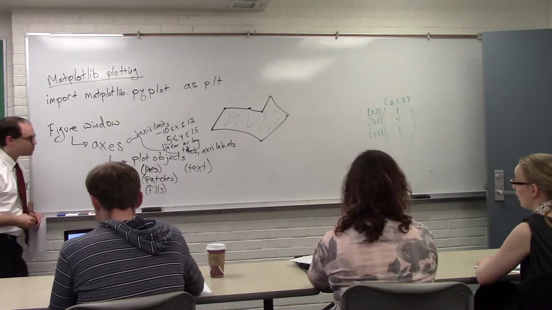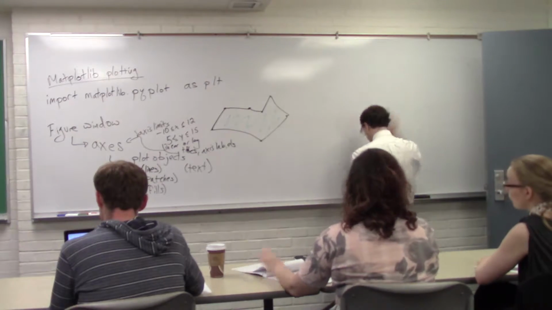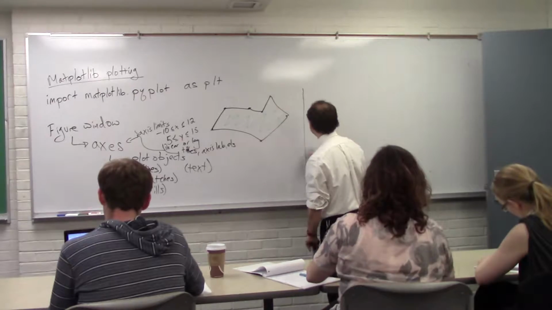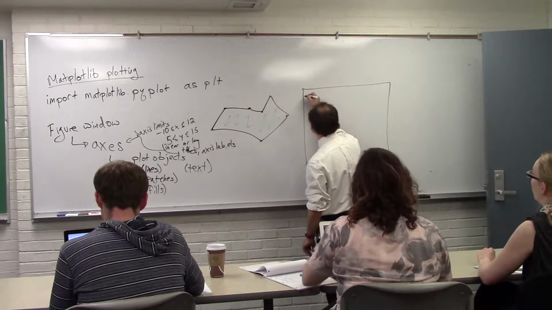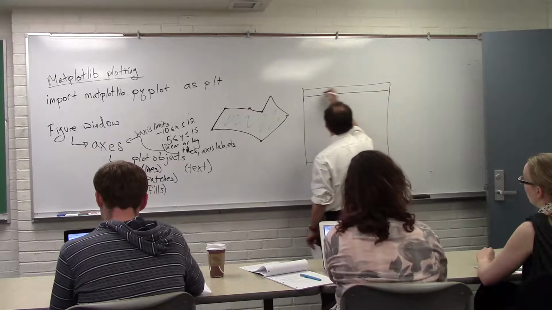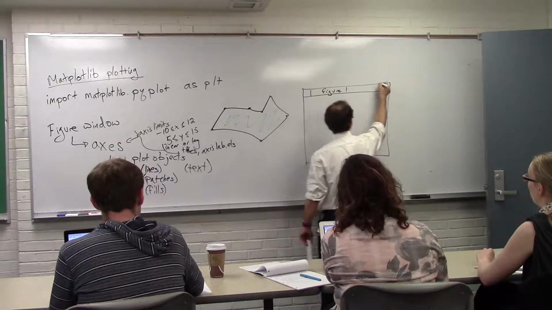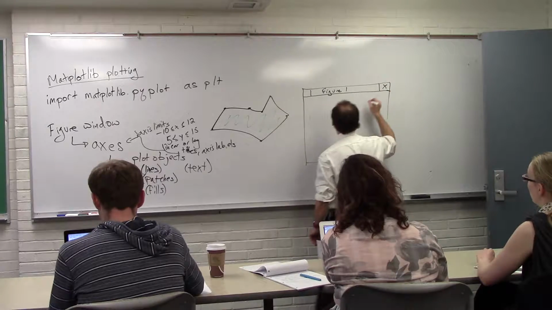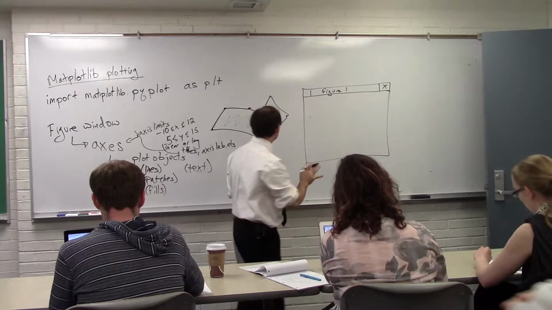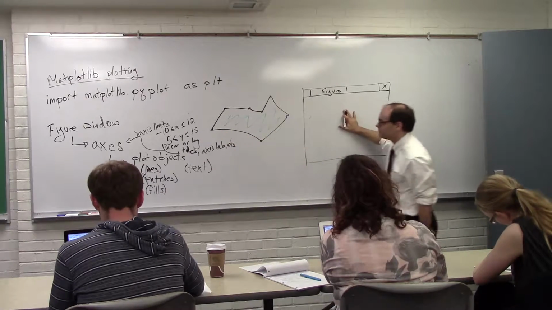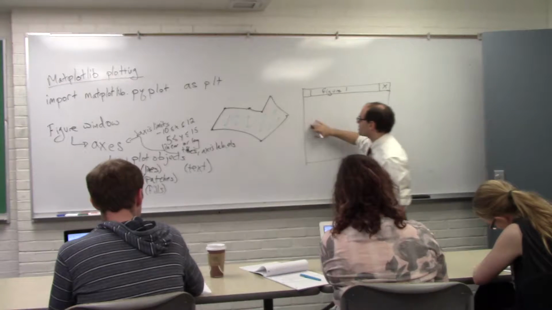Okay. So what you'll generally see when you're drawing stuff on a window is you'll pull up the figure window. Here's your figure window. There'll be the official window title. Maybe a close button here or something like that. The figure is the actual operating system's window that you're drawing into. And then you have a bunch of axes.